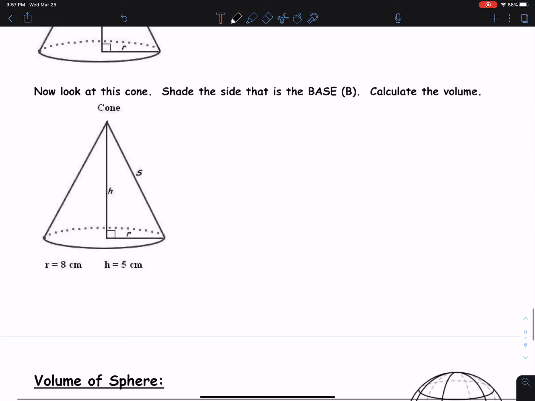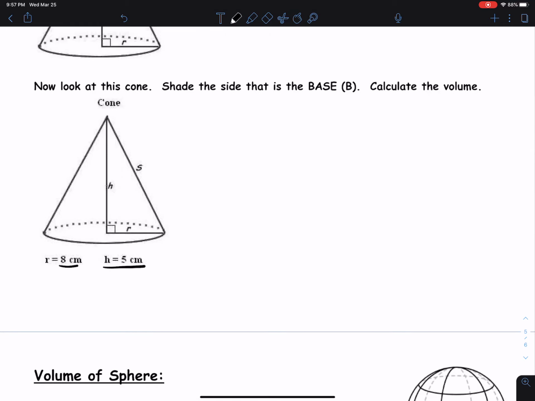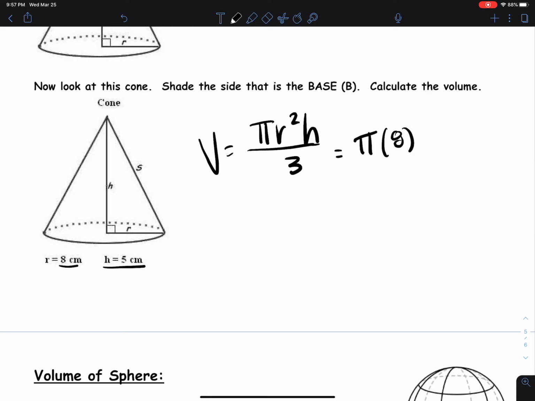Now if we're looking at this cone, it says the R is 8 and H is 5. So we have V equals pi r squared H over 3 for the cone. So I'm just going to plug in those values. So we have pi times 8 squared times 5 divided by 3.